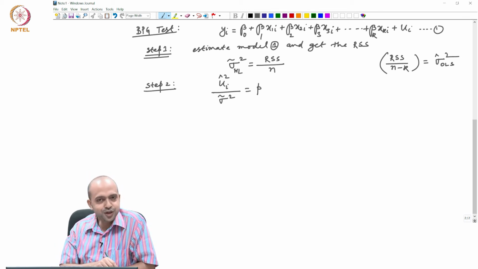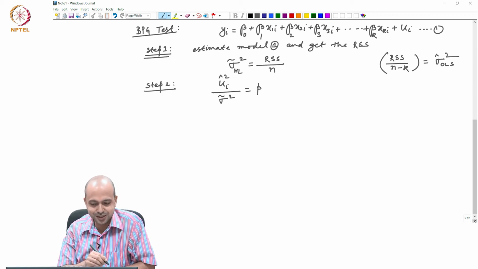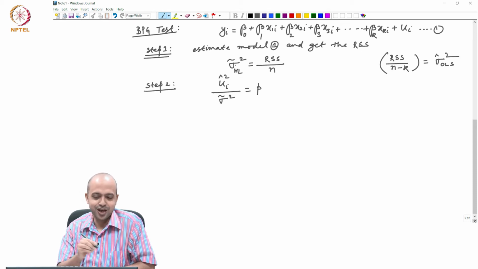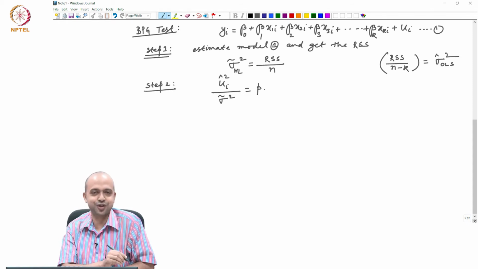Since your error variance is disturbed in presence of heteroskedasticity, I am just adjusting the ui hat square by this new estimate of sigma square, which is sigma tilde square, and defining that as p. That is your step 2.